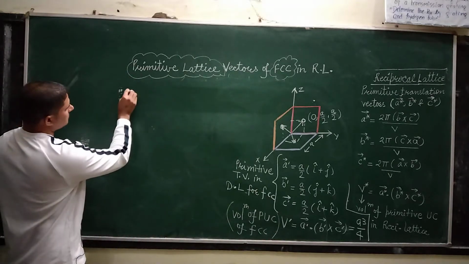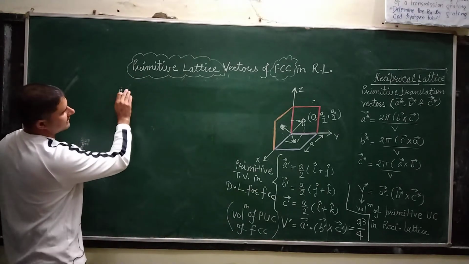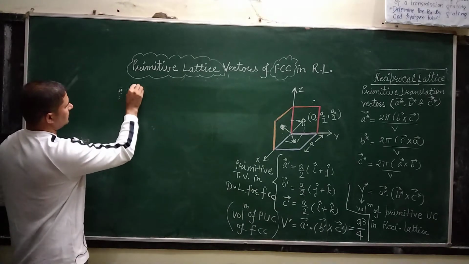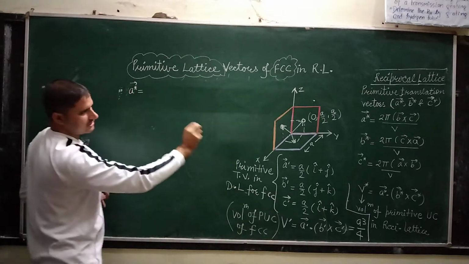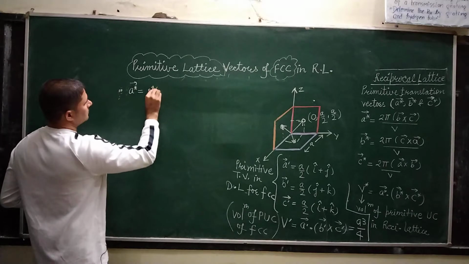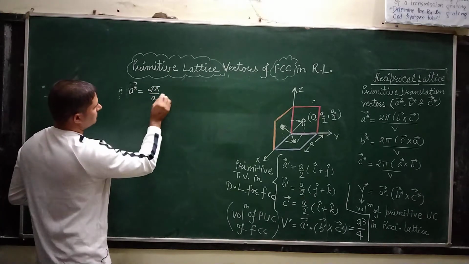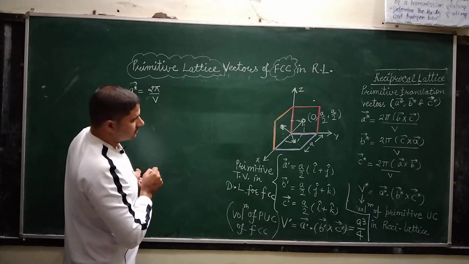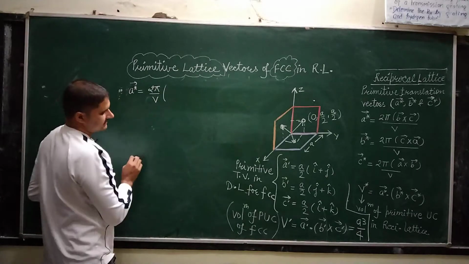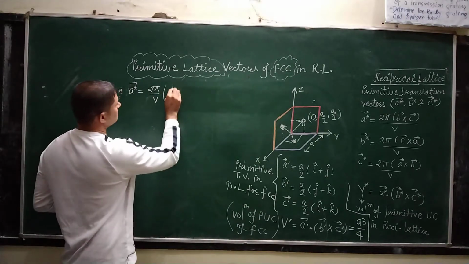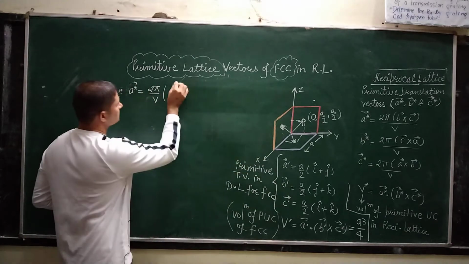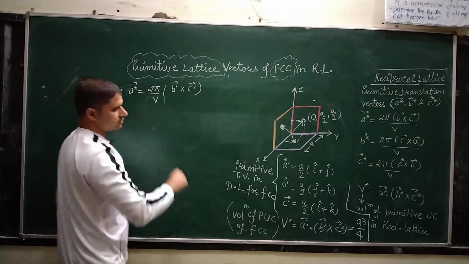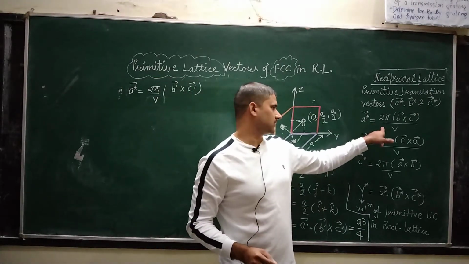Now the primitive vectors in the reciprocal lattice, that will be A star. This is given by the formula 2 pi by the volume of the cell, into B cross, here we have B dash cross C dash, and you can solve this. So this is the thing I want to say.